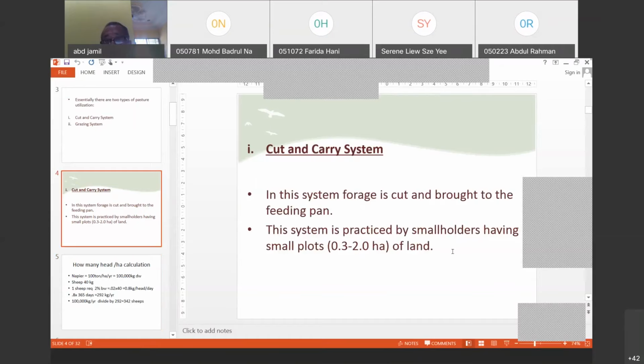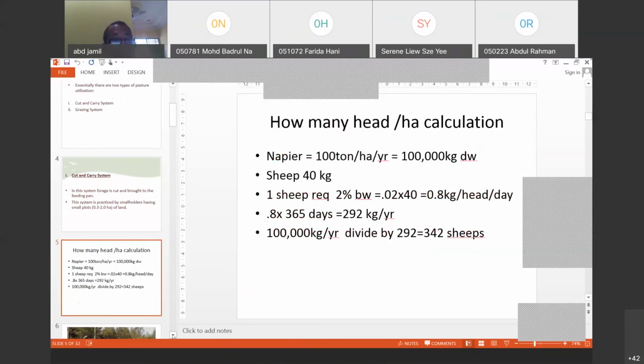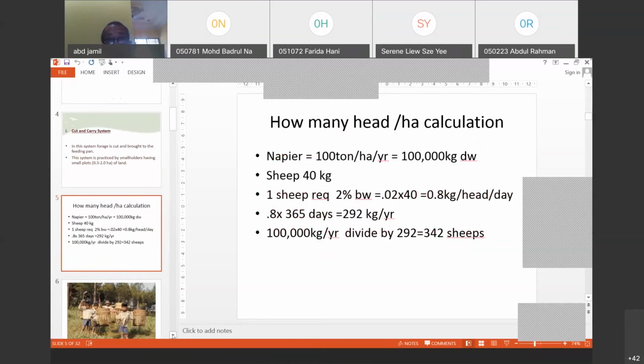In Ladang Pasir Aka, we have 50 acres or 20 hectare of pasture land for our cattle and sheep. Imagine in Pasir Aka, we have about 55 head of cattle and about 450 head of sheep and goat.